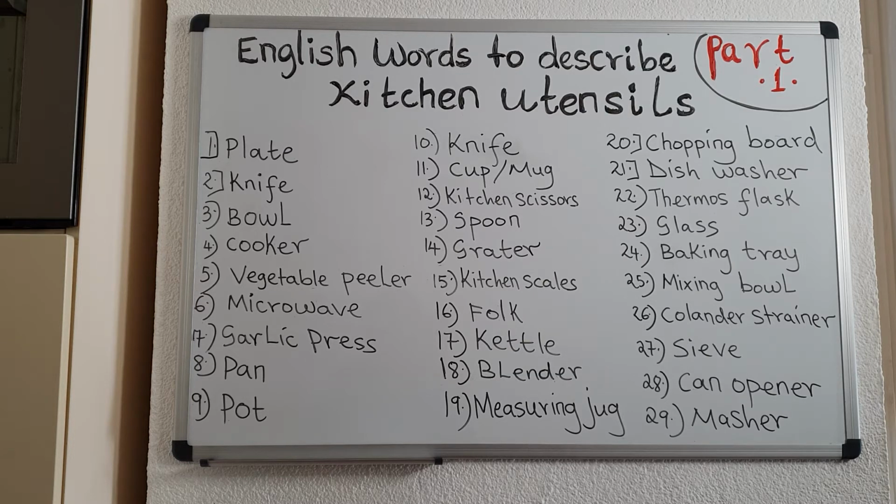If you want to slice the bread, then you use a bread knife. So a knife is what we use to cut different types of foods into small pieces before you cook them.